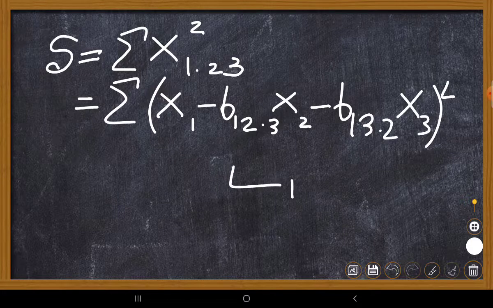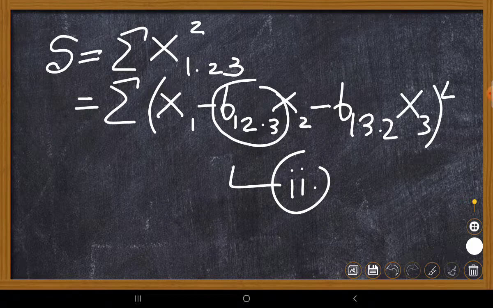You keep this as equation 2. The principle of least squares requires us to minimize this S, and in order to minimize it, we have to differentiate it partially with respect to each partial regression coefficient, that means with respect to this and with respect to this, and then equate it to 0. Those are called the normal equations.